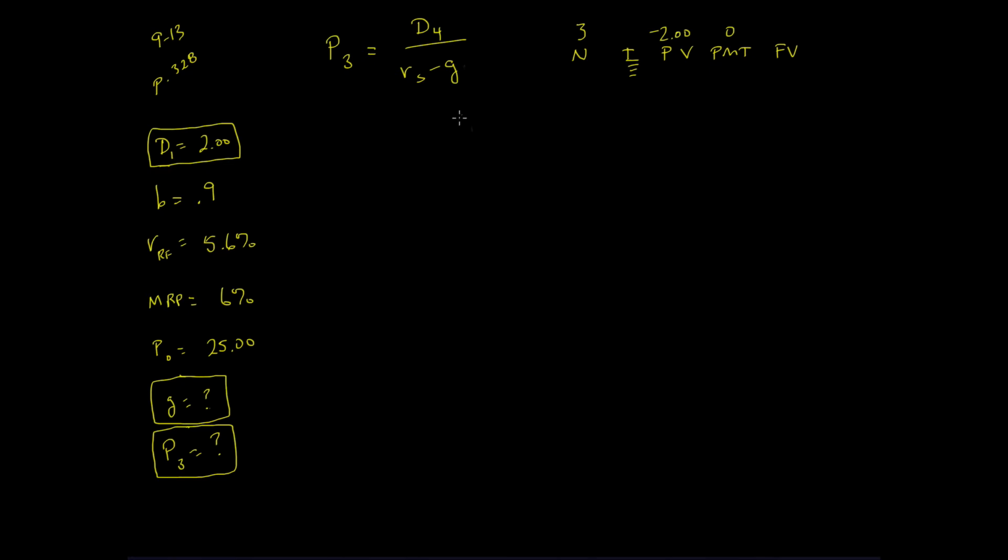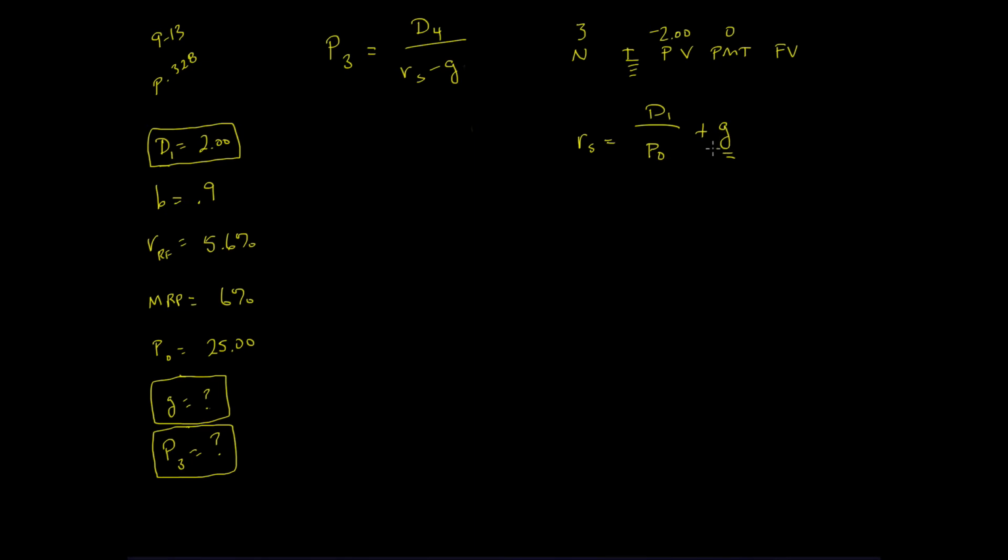So I think about what I know, and I think the easiest way to solve for G is to use the RS formula that we learned earlier that looks like this. R sub S is equal to D1 over P sub 0 plus G. The reason this is handy is that G is already isolated out here, and it'll make the algebra a little less cumbersome.